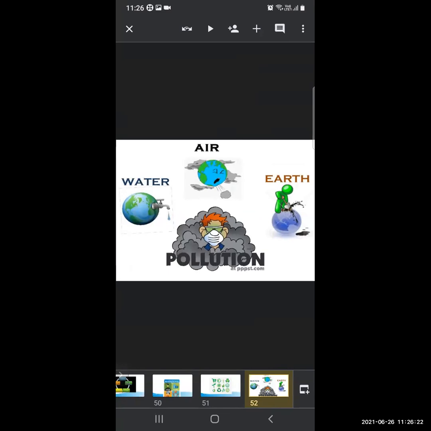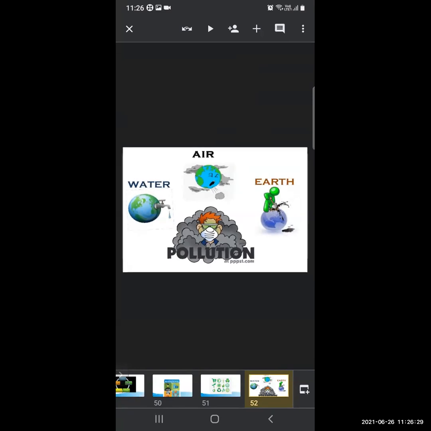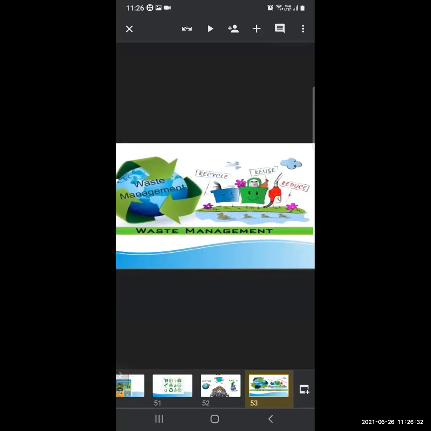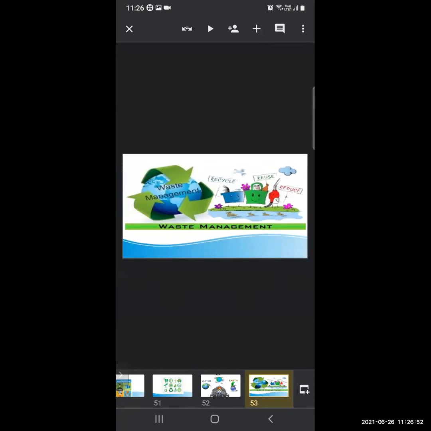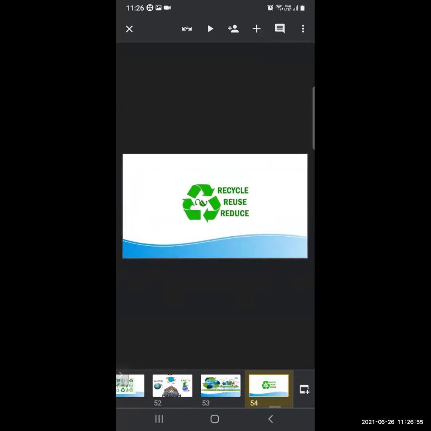We have to follow each and every regulation made by the government, and we have to keep making other people aware also. Our earth will always be green. We will get clear water and clean air to breathe. Okay, we will recycle, reuse, and reduce. These are the 3 R's that we should keep in mind always: recycle, reuse, and reduce.